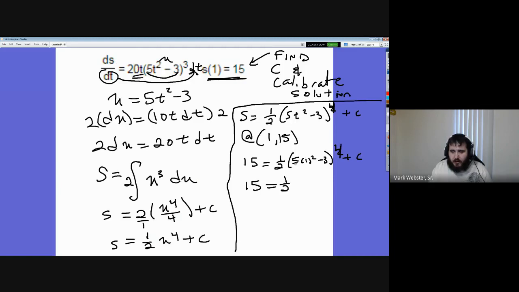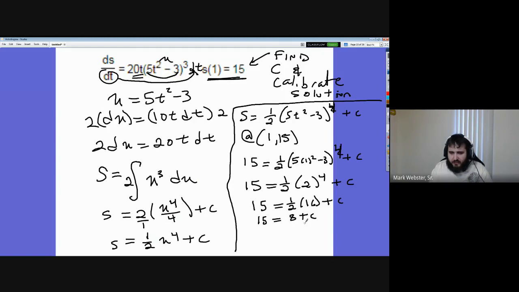let's do what's in here. 1 squared is 1. 5 minus 3, so that's 2 to the 4th plus c. Well, what's 2 to the 4th? 2, 4, 8, 16, right? So 15 equals 8 plus c.